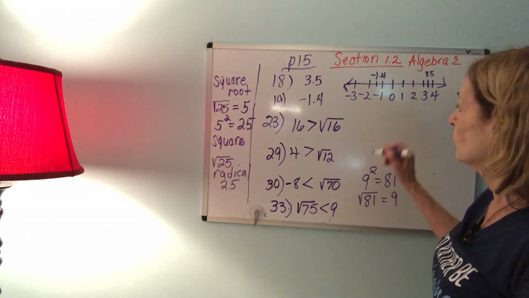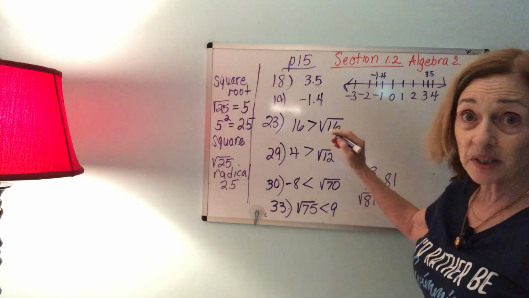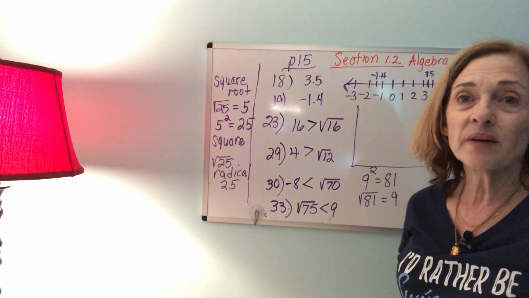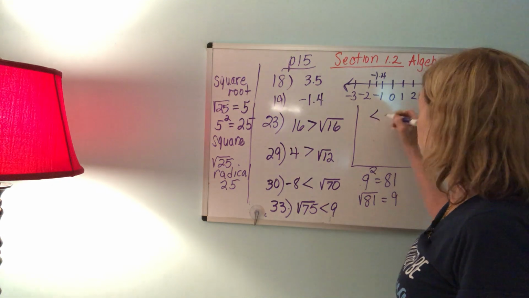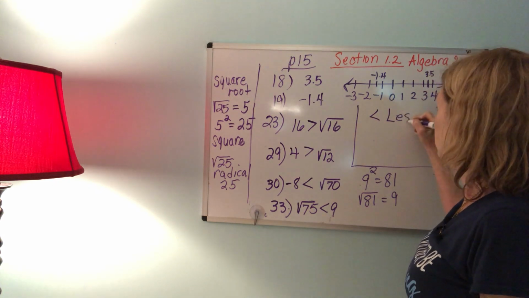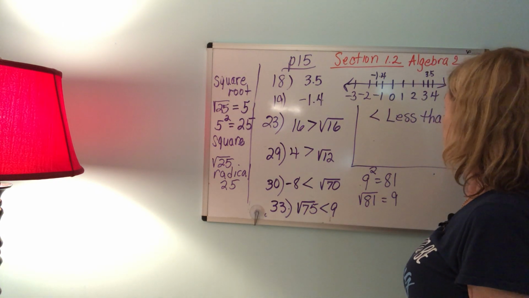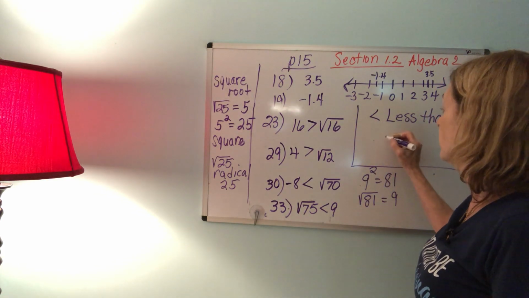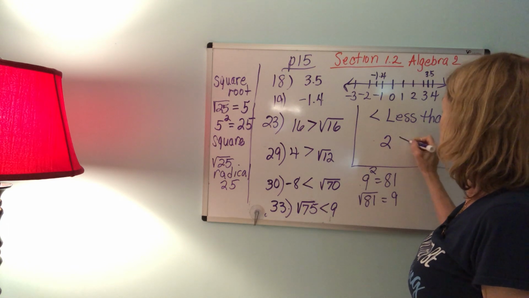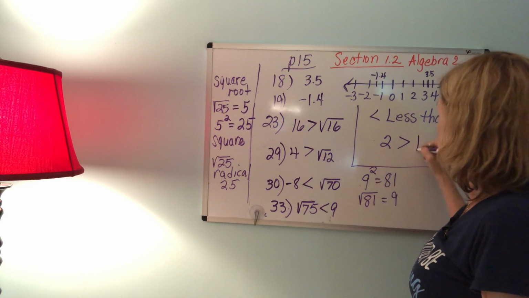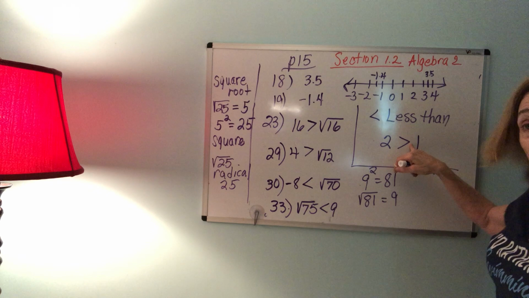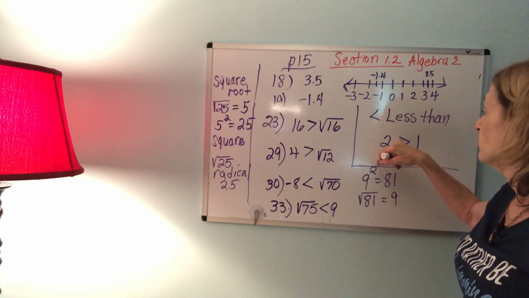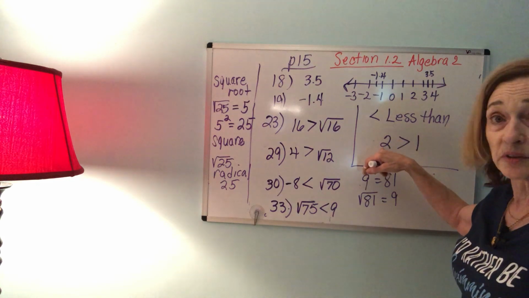One last thing I want to mention is some people get mixed up with their signs. You might know how to do the problem and then you have your sign turned around. So less than, you could say looks like an L. Maybe that would help you to figure things out. Or you could say that the smaller part of the sign points to the smaller number, the bigger part of the sign to the bigger number.